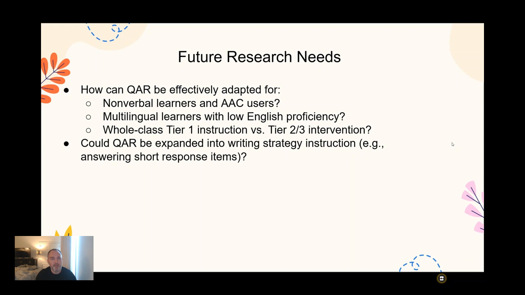Some of the future needs that we need to do more work on when it comes to QAR is thinking about how QAR can be effectively adapted, especially for students who use things like AAC, multilingual learners, and Tier 3 interventions. Could it also be used to teach writing? Could we take the system and adapt it to writing? I think so.